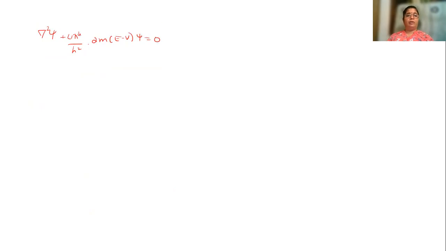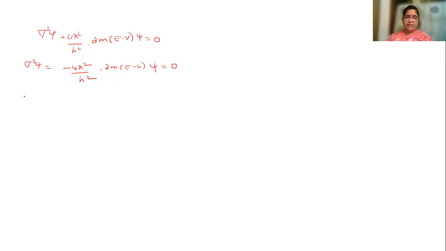I need only E psi. So I can write this as del square psi is equal to minus 4 pi square by h square 2m(E minus V) psi.